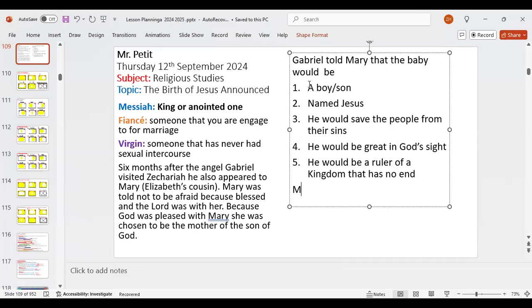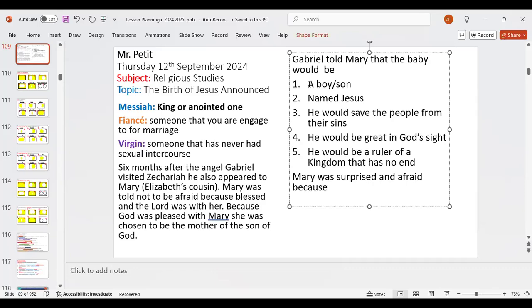Now, Mary was surprised and afraid, but she was not like Zachariah, who doubted. That's why he was punished, but Mary wasn't. Why was she afraid?